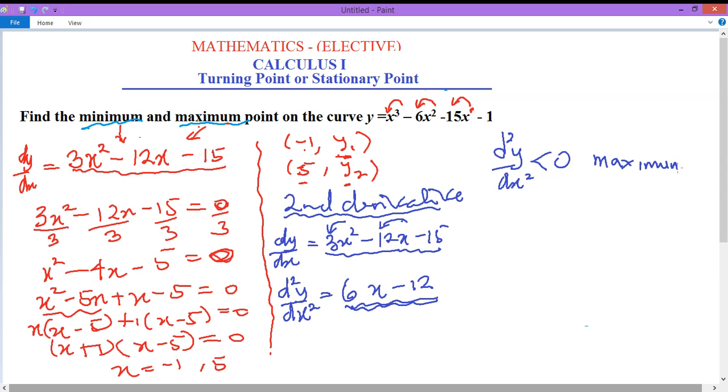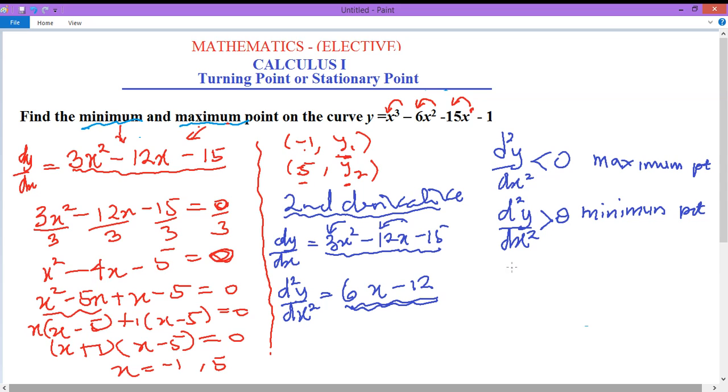On the opposite way, if we slot in the value of x into d squared y over dx squared and we obtain a positive value, that is greater than 0, that particular point is a minimum point.